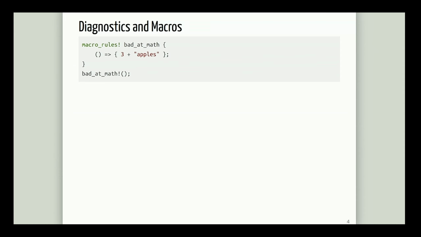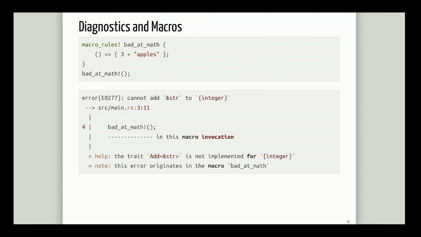So here's a small example of a macro that will emit a type diagnostic that the operator does not apply. And if we had a compiler that didn't really do any fancy things with spans, the best diagnostic we would likely get is something like this, which is not really telling much. It tells us, okay, what went wrong. It tells us it went wrong in some macro call, but we don't really know where exactly.